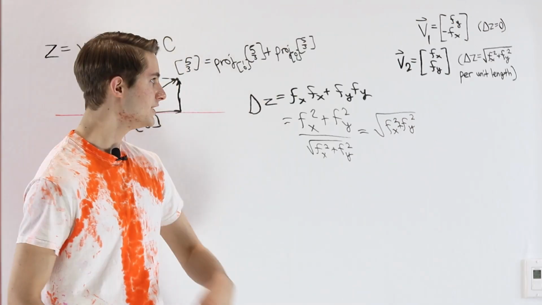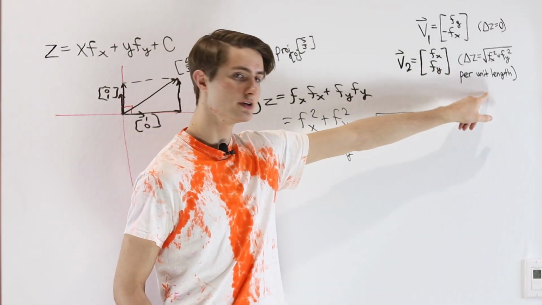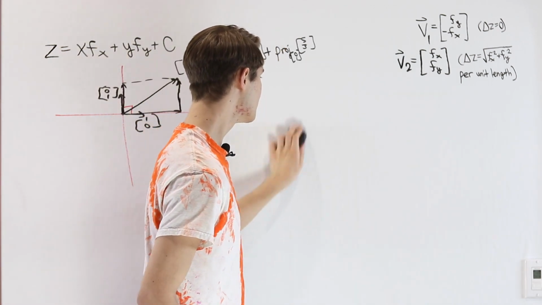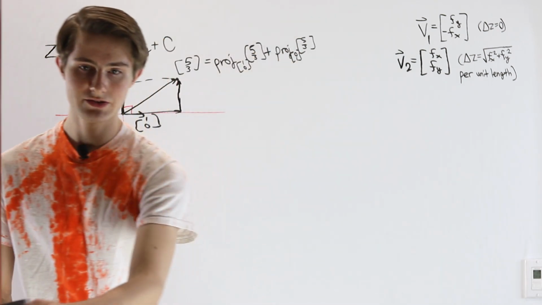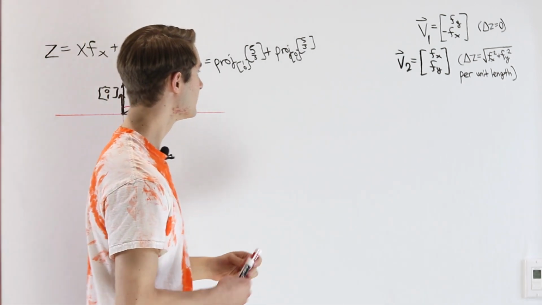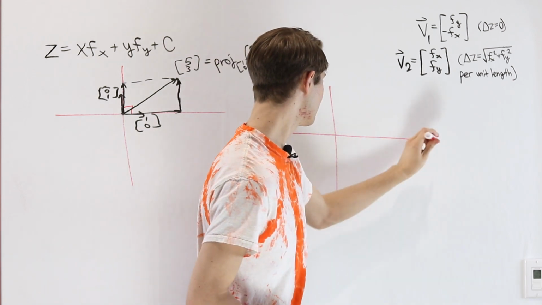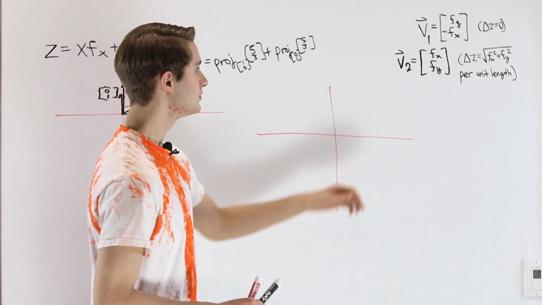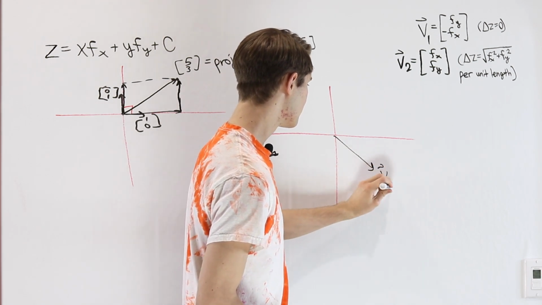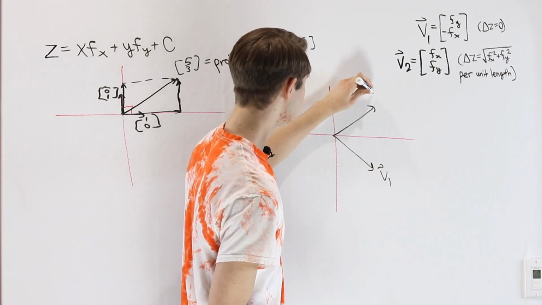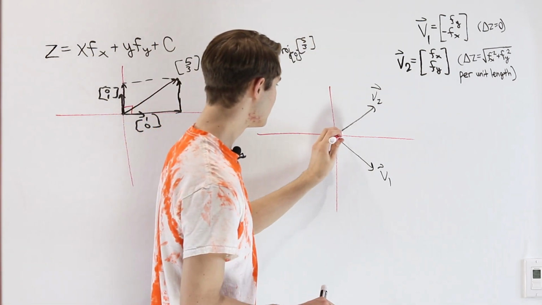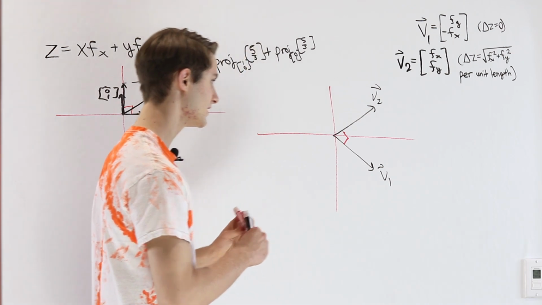So I've written that change in the function value per unit length right up here next to our second vector, and we are now in the home stretch, because all we have to do now is think about how our coordinate system relates to a particular unit vector. So if we look at the 2D plane here, and we take our two coordinate vectors, v1 right here and v2 right here, remembering that we defined them so that they are exactly perpendicular.